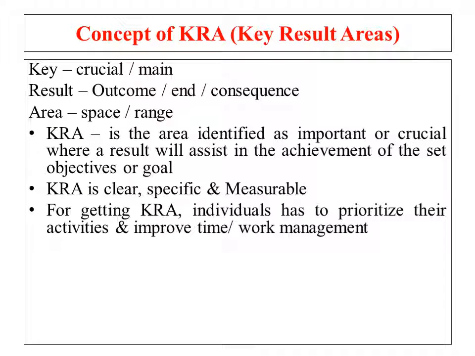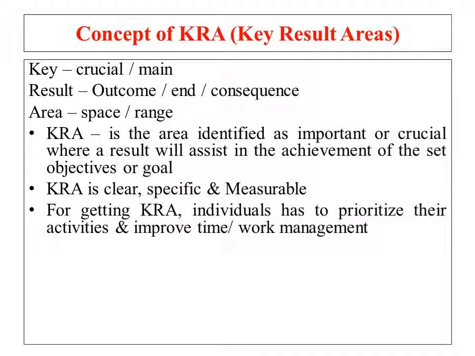Then in human resource development, the concept of KRA, that is the key result area, is very useful for the appraisal, or for getting the performance of the individual. Key means crucial or the main thing. Result means it should have the outcome, the end, the consequence.